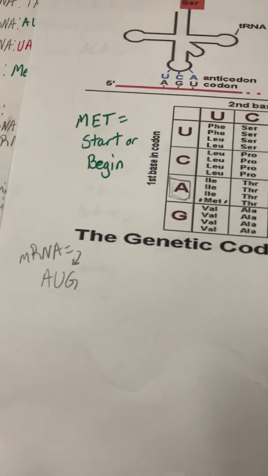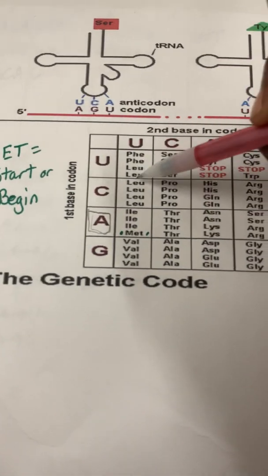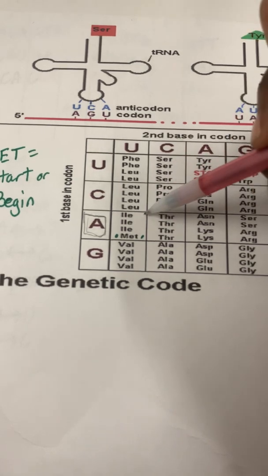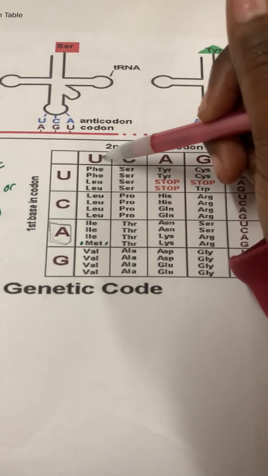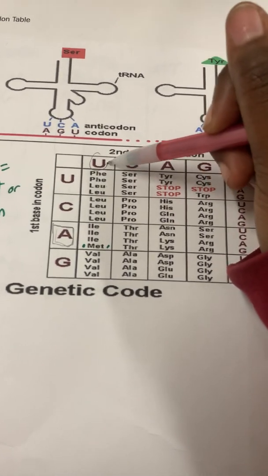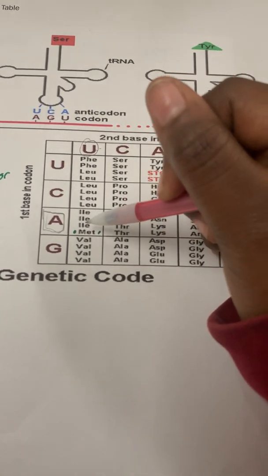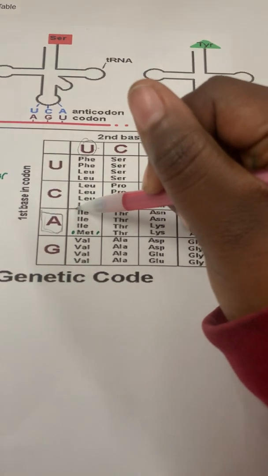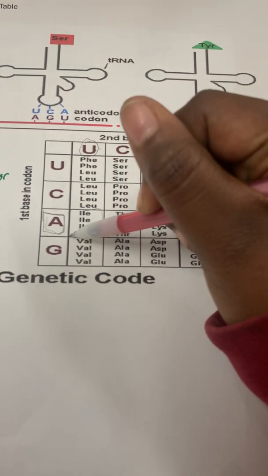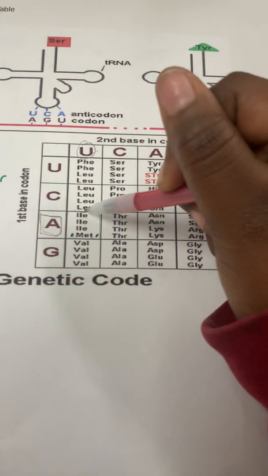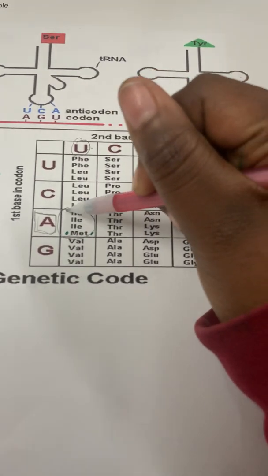The second base is a U, so I'm going to follow the row. I'm looking at this third row. Here's my second base, U, right here. Following along with the pattern, looking at the third row, now I'm looking at this first block inside of the third row. I'm just focusing on this block right here.